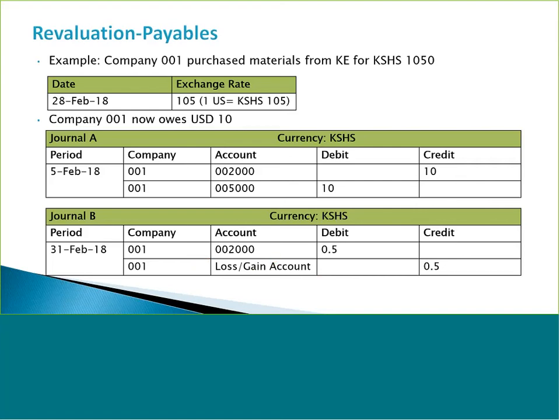So we are going to debit the payables account by $50, and then we are going to credit the loss gain account by $50, which will increase our revenue, because this is a revenue type of account.